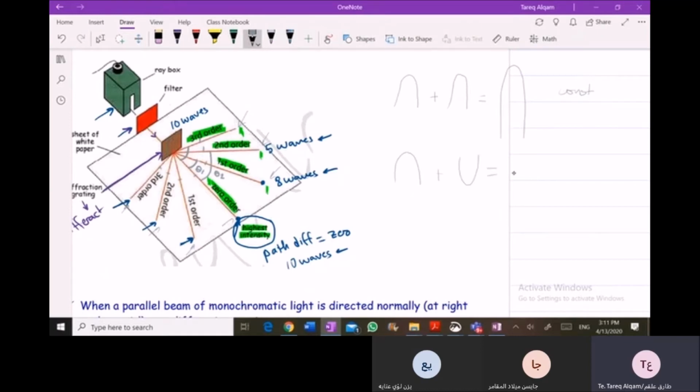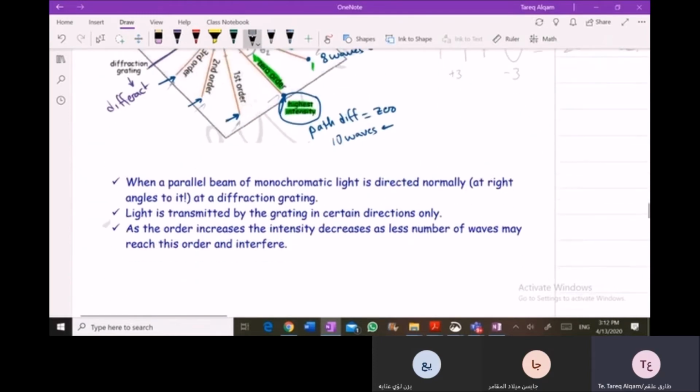This is called antiphase, so it will produce zero displacement. Using rough numbers, let's say this is displacement +3, this is +3 also, so this is +6. Here +3, -3, so the result is 0. This is destructive. If the amplitude is 0, I will not see anything.